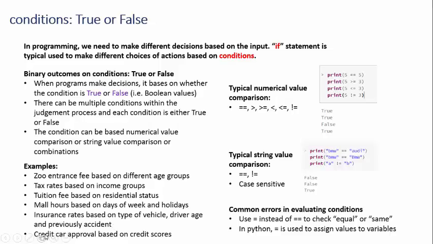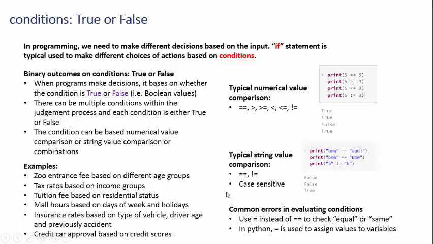And credit card approval based on credit scores. Those are examples where we can see a clear application of different conditions, and based on them, we can use the if statement to make different choices or different actions.